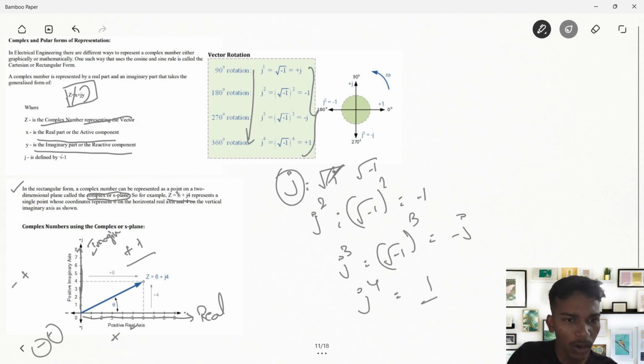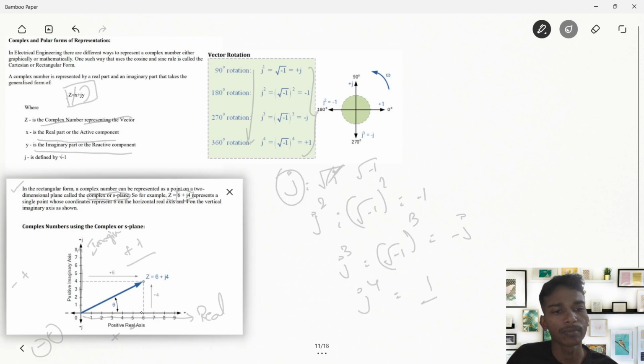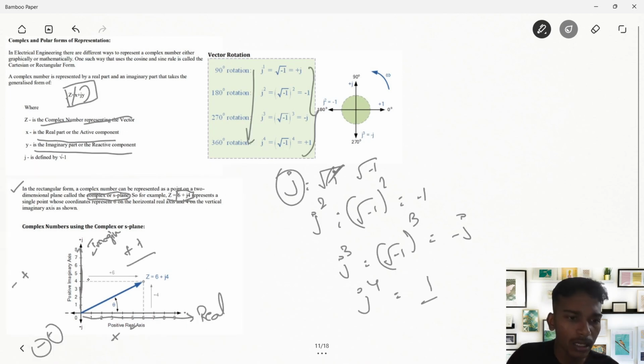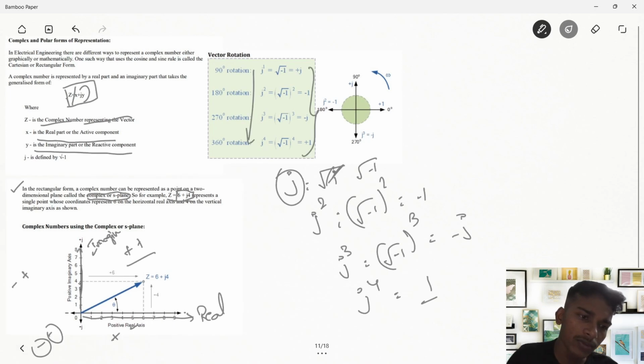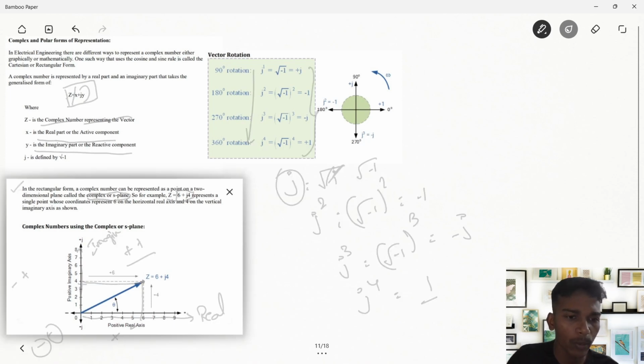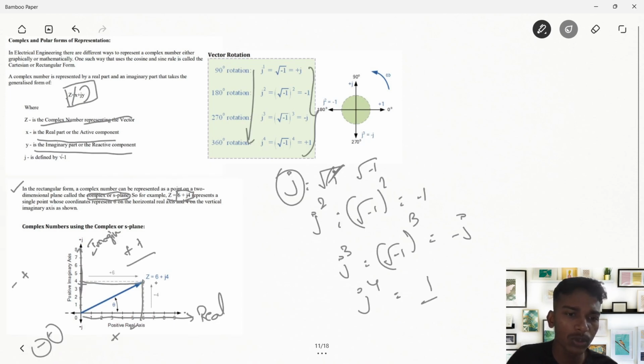Like if we have 6 plus j4, on the positive real axis we are going to take 6, and on the imaginary vertical axis we are going to take 4, and we are going to meet up those points, and we will form a point where we get z equal to 6 plus j4.